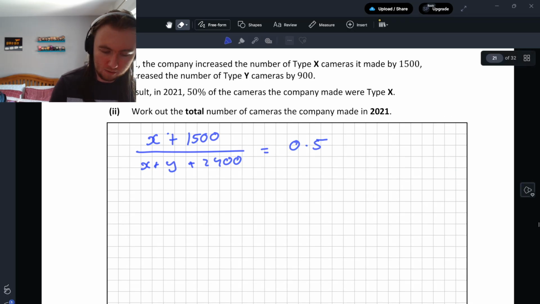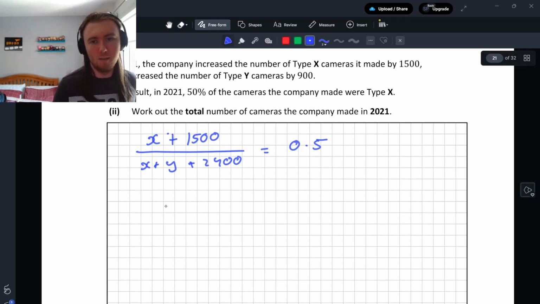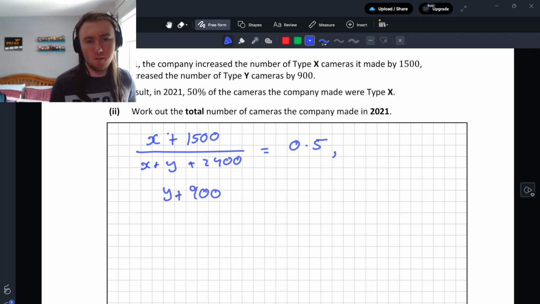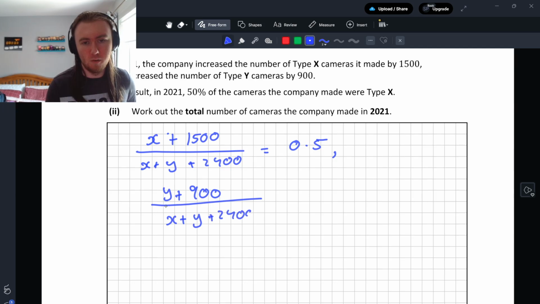Okay, so if that's the case, then Y also composes half of it. So Y plus 900 over X plus Y plus 2,400 should also equal a half.